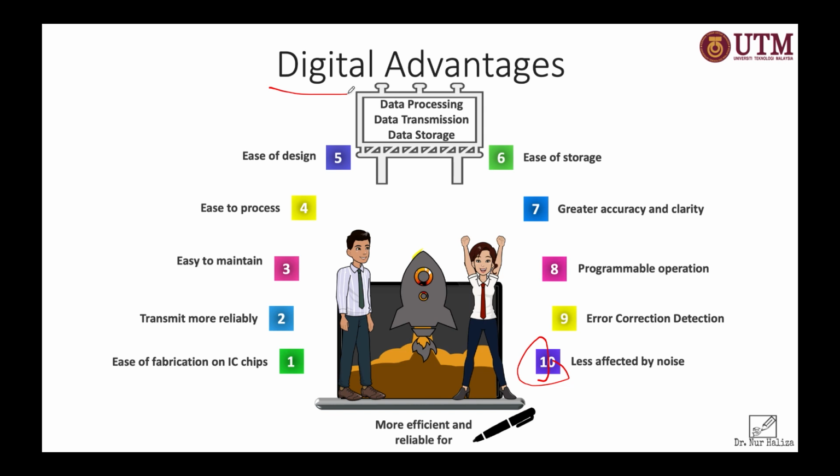You can list and have more, I think, but over here let's take a look at what the advantages are: ease of fabrication on IC chips, more reliable transmission, easy to maintain, process, design, and store, greater accuracy and clarity, programmable operations, error detection and correction, and lastly less affected by noise.